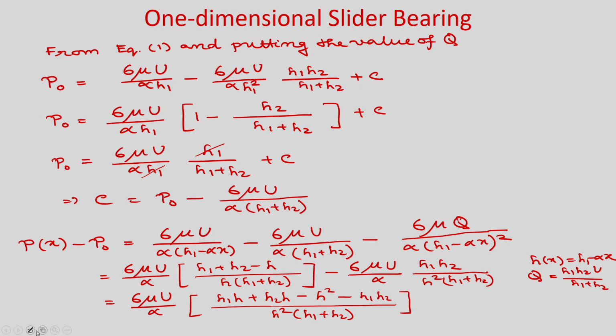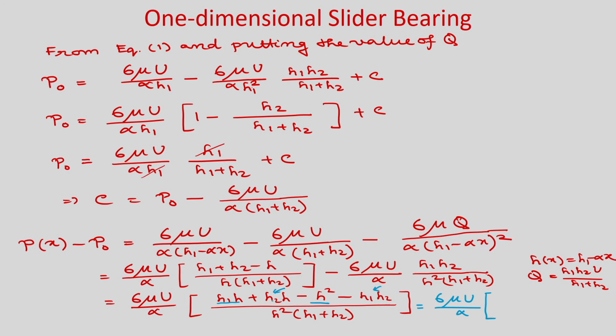So, now you can see that here we will take common h from here and this term. So, you can see that we can write this now as 6 mu u by alpha.